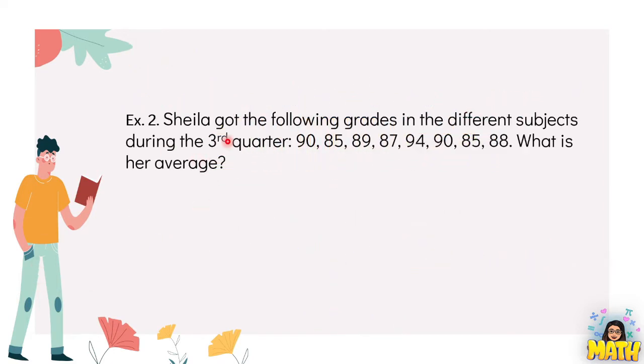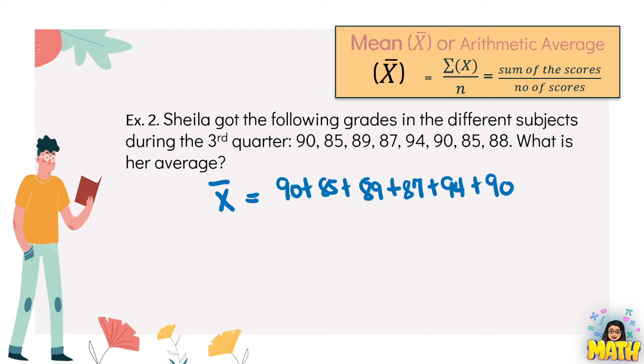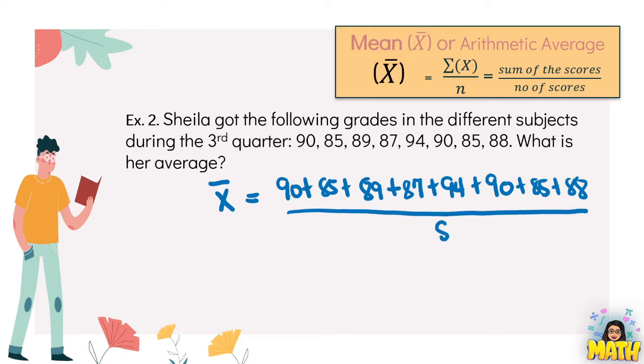Another example, Sheila got the following grades in the different subjects during the third quarter. What is her average? Since the problem is asking for the average, it also means that we need to compute for the mean of these scores or grades. So we will be using the formula, that is by adding all the grades of Sheila in that quarter divided by the number of subjects. So we have 8 subjects which have the following grades.